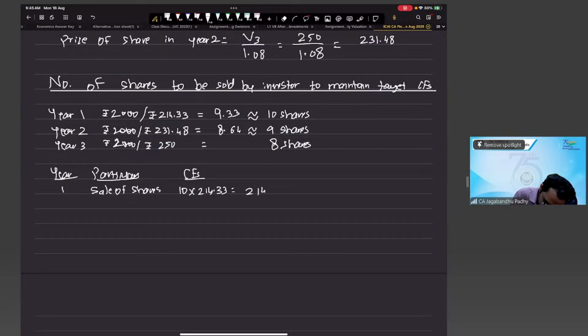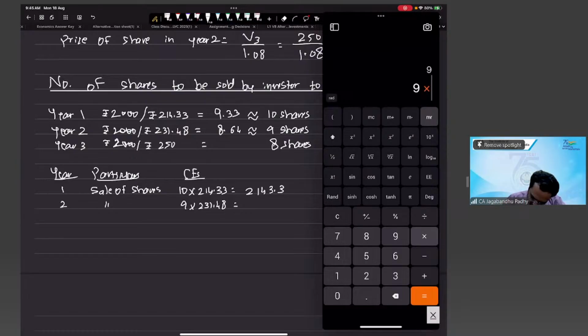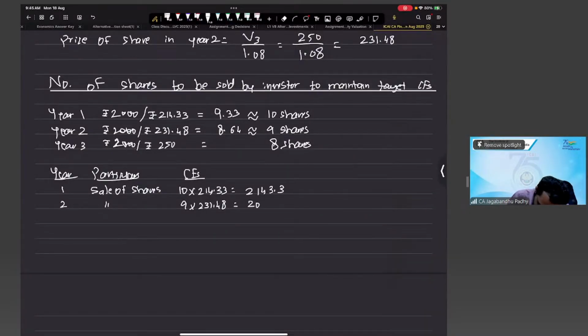So you get 2143.3. Second year, again it is sale of shares, but now it is 9 into 231.48. How much is 9 into 231.48? Which is 2083.32. Third year, again sale of shares is happening. 8 shares at a price of 250, which is 2000.